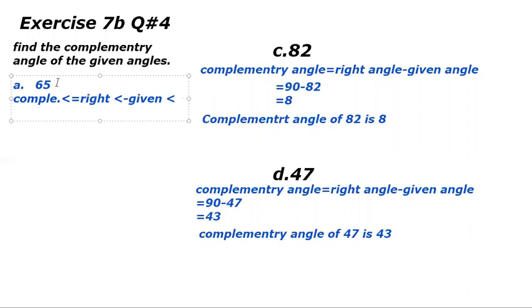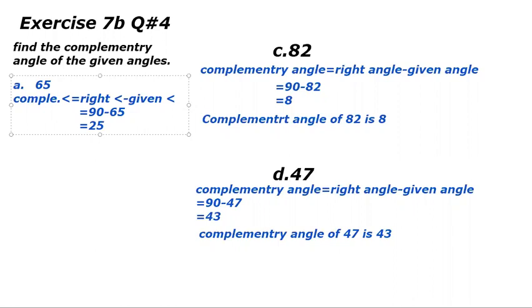In the next step we will write complementary angle equals right angle, which is 90 degrees, minus the given angle, which is 65 degrees. We will subtract 65 from 90 and it will give us 25 degrees.